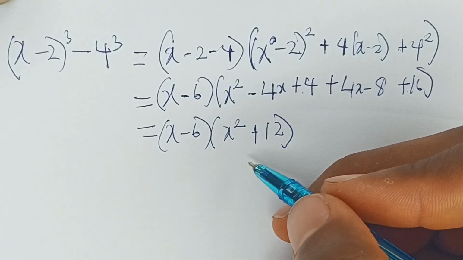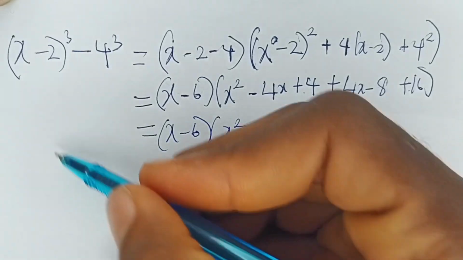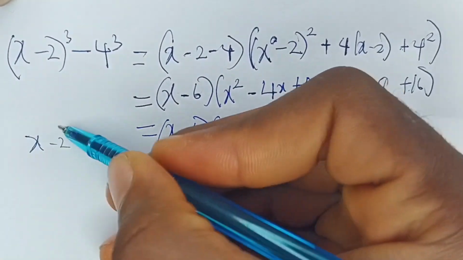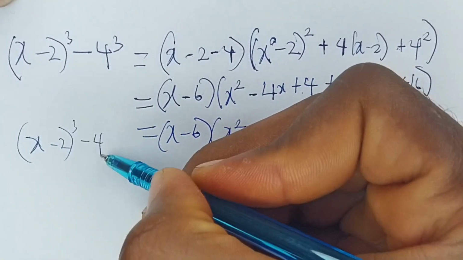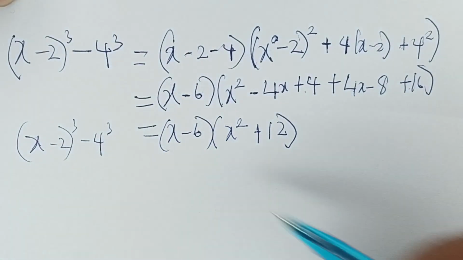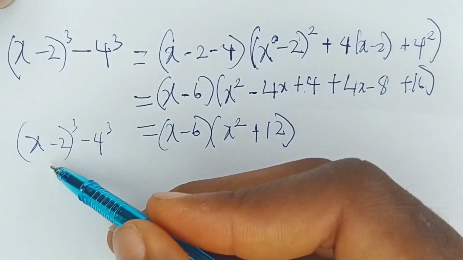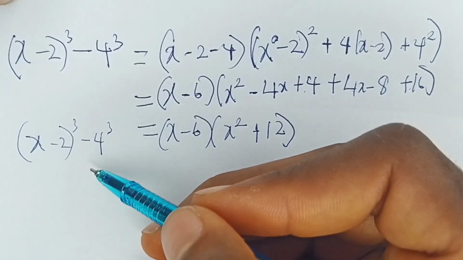Now moving on from here, recall that we are multiplying these two things: (x − 2)^3 − 4^3 multiplied by (x − 2)^3 + 4^3.